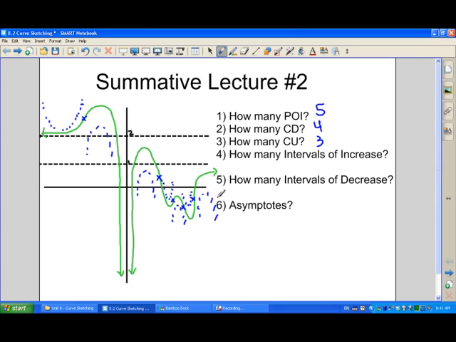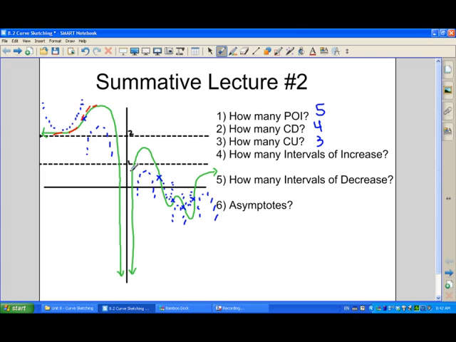If I'm looking for intervals of increase, I'm looking for sections where the graph's slope is positive. So it looks like my first section of the graph, the slope is definitely positive even though it's flattening out. So there's 1 section of increase, and then the slope becomes negative.